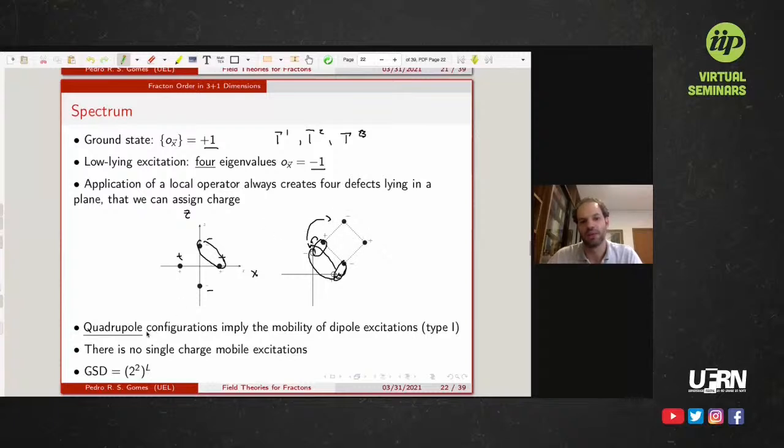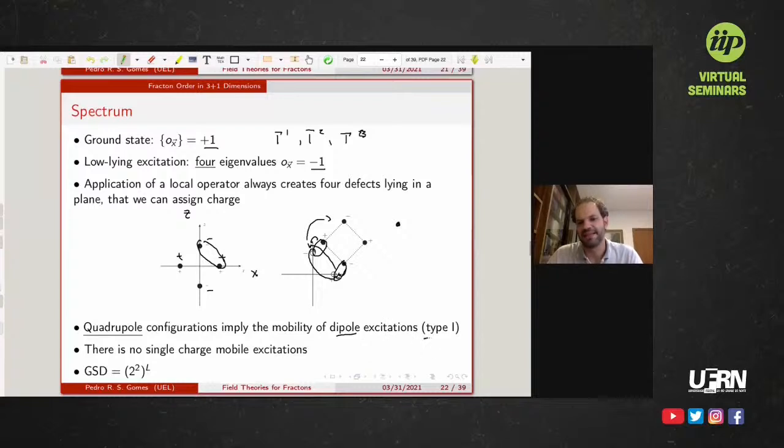So quadrupole configurations imply the mobility of dipole excitations. There are no single charge mobile excitations in this system, but we can construct bound states like dipoles, which are mobile.